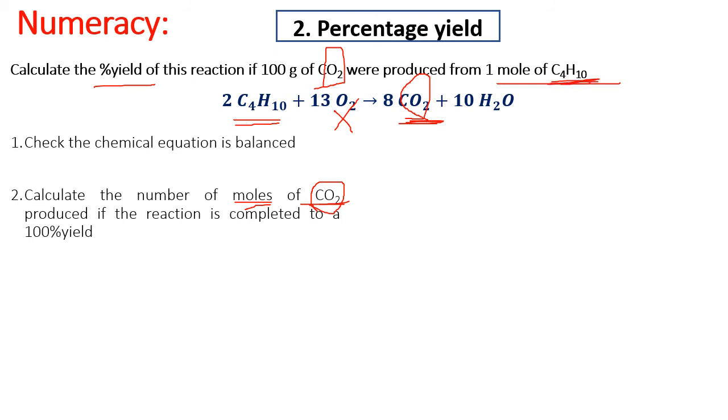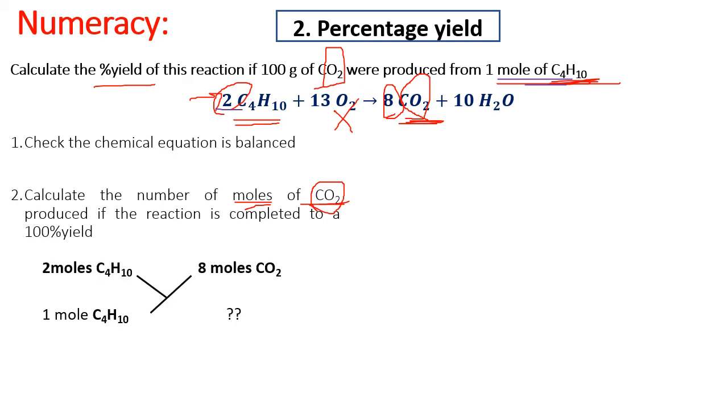To know this, we first have to consider the ratio. It means that in this chemical equation, for every 2 moles, we get 8 moles of carbon dioxide. But in our case, do we have 2 moles? No, we have 1 mole.